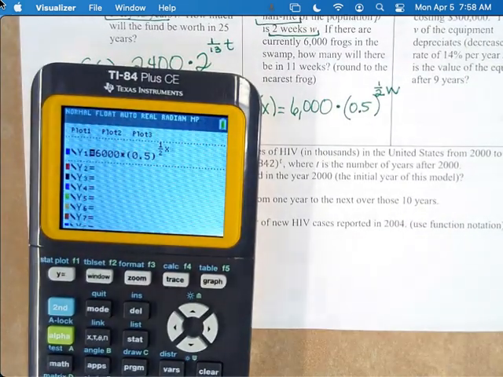Make sure that your exponent is 1/2 the variable. Go ahead and put that in.